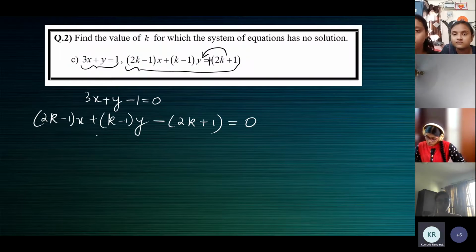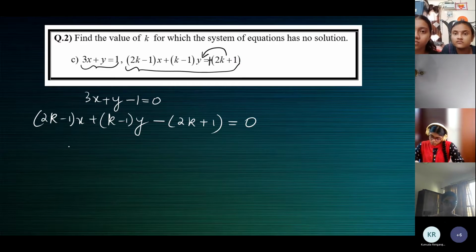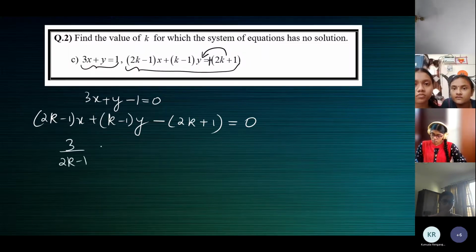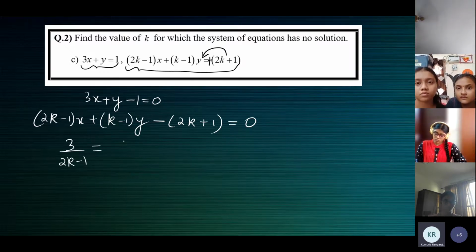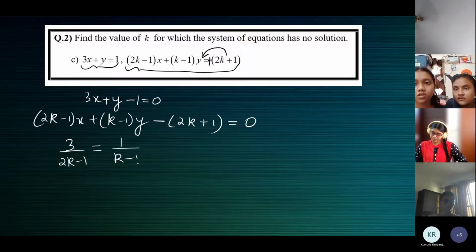So now what is a1 by a2? 3 by (2k minus 1). And the condition for no solution is equal to b1 by b2. What is b1 by b2? 1 by (k minus 1). Is not equal to c1 by c2. Minus 1 by minus of (2k plus 1).